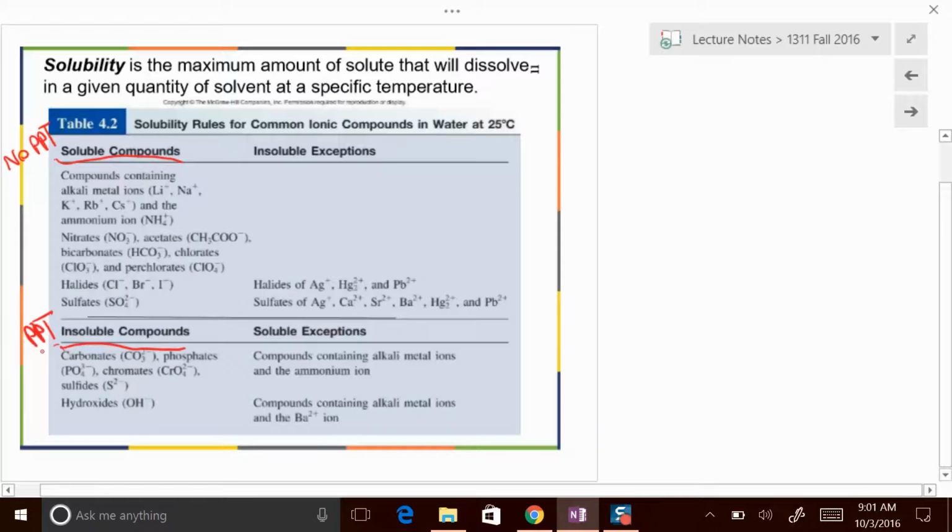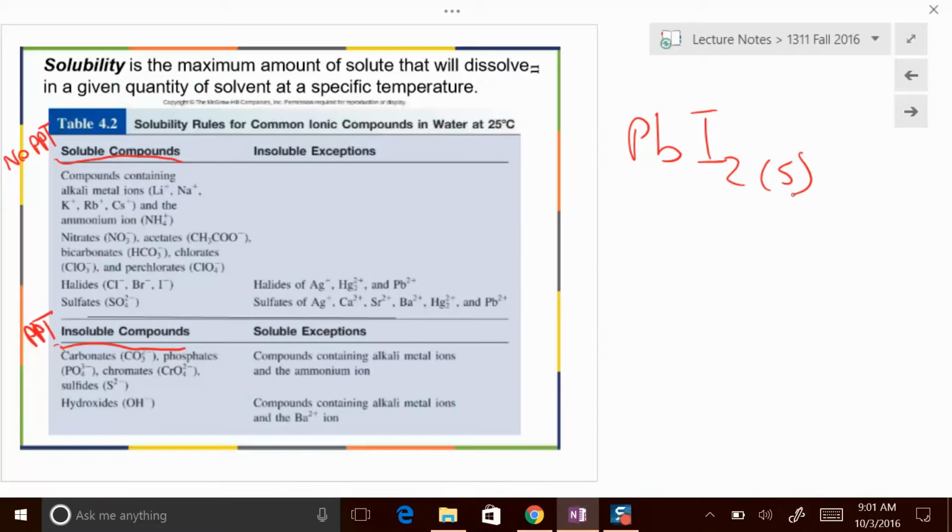Okay? So, how do I read this chart, though? Well, remember, lead iodide was a solid. Well, if I come here to iodine, iodine is a halide. Iodine is a soluble compound. So that's not making sense, right? Because if it's soluble, that means it should not precipitate.